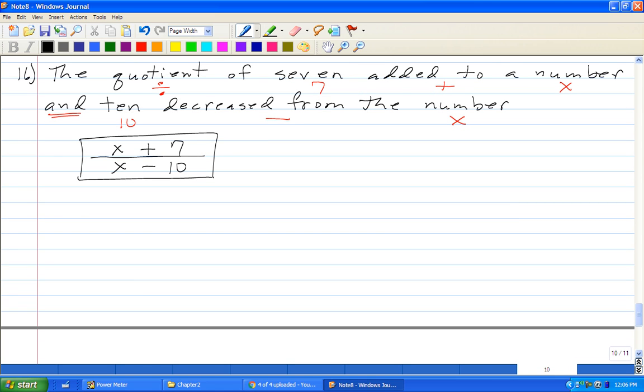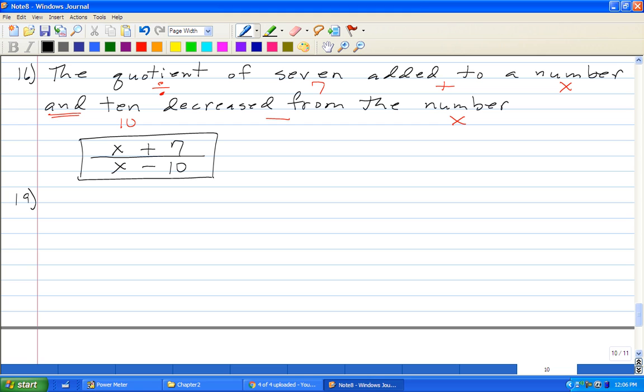Let me do problem 19. In exercises 17 through 24, change the statement into an algebraic equation. And so now we're going to have equations.